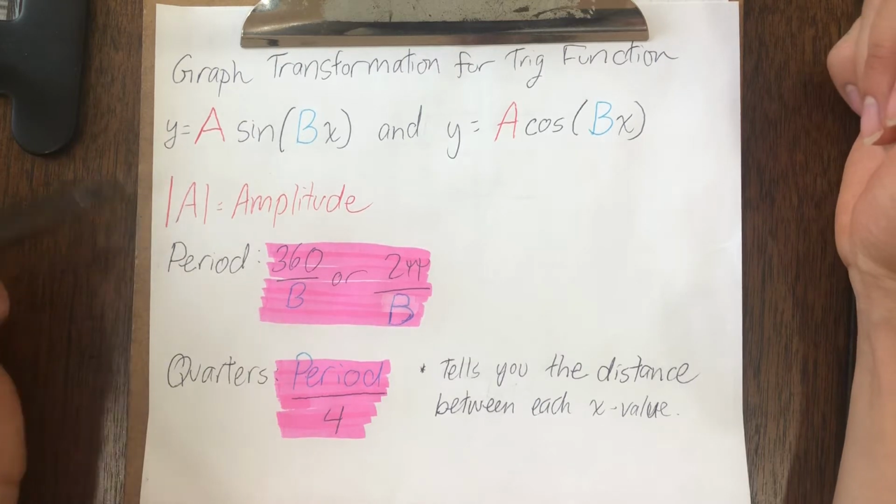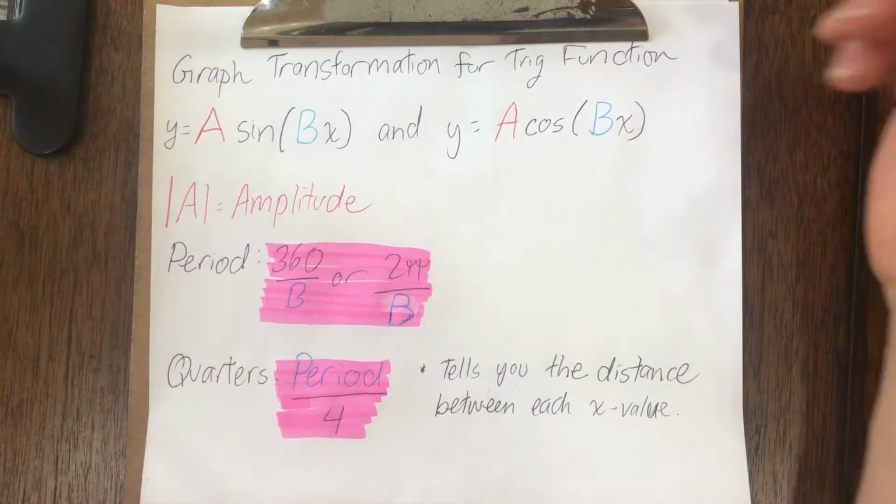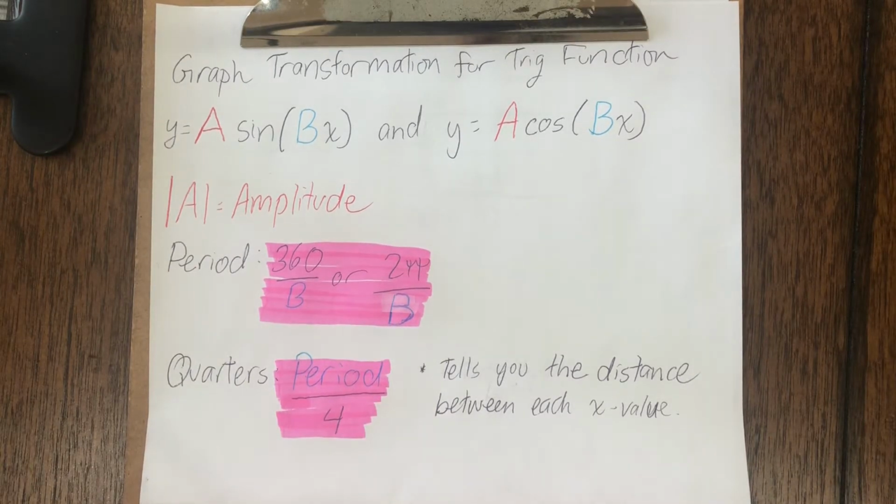We have a, specifically the absolute value of it, which represents the amplitude. If you recall, the amplitude is the height of the graph from the midline, which is usually at the x-axis, y equals 0, to the maximum point, or the midline to the minimum point.